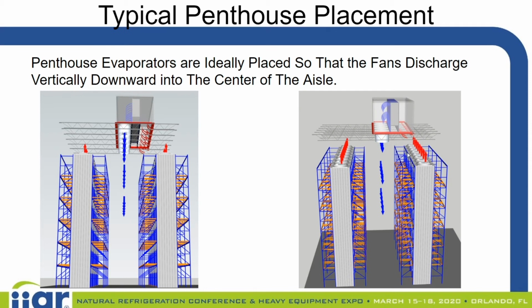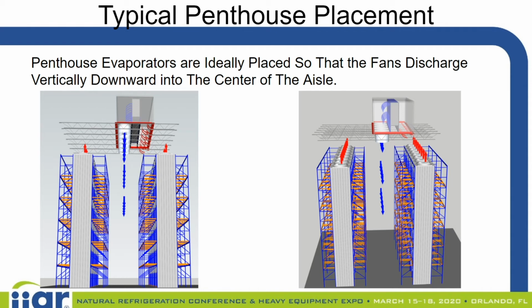One thing we're going to want to avoid is airflow directly into the return air pathway of the penthouse. Clearly we want to avoid interrupting the defrost of the penthouse evaporator, so we will definitely want to avoid discharging air directly into the return.